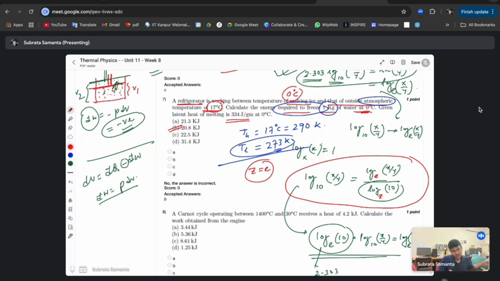This is the example where work is done on the system, not by the system. The Carnot engine does work by the system, but here you have to put energy on the system to move the heat from the low temperature to high temperature. That is the way the refrigerator works, okay?